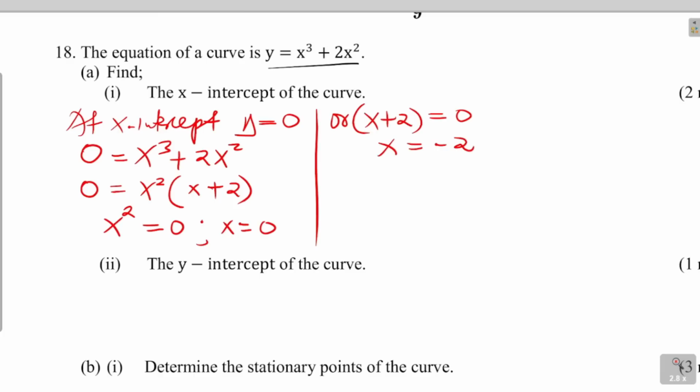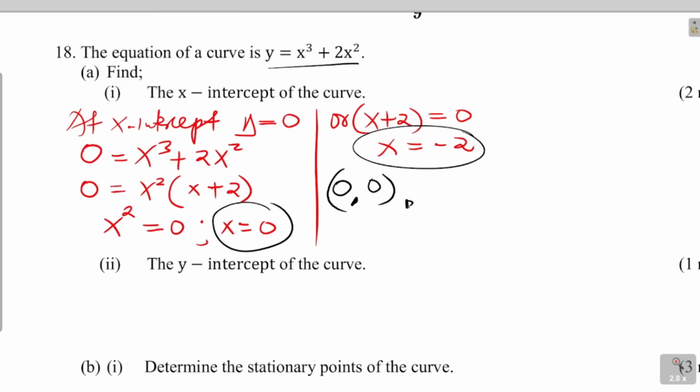So you have 2 points at which this curve cuts the x-axis, x equals 0 and x equals negative 2. Therefore the x-intercepts are: when x equals 0, y equals 0, and when x equals negative 2, y equals 0.